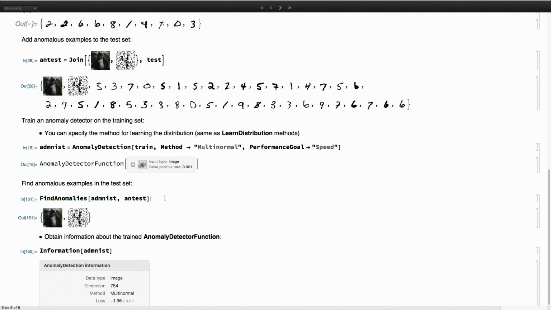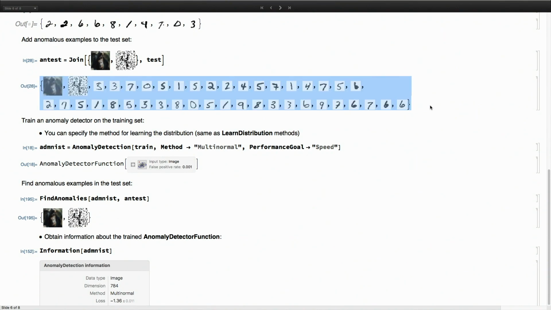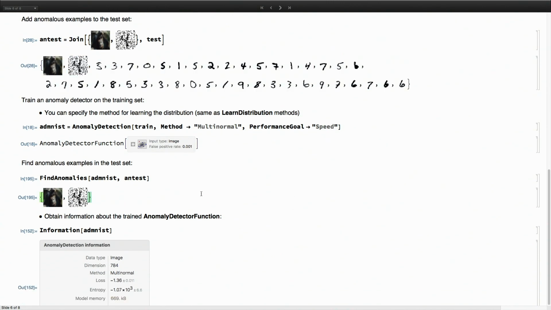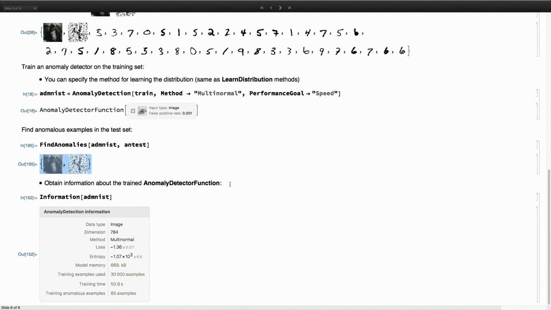And you would see that it would pick out of these digits the anomaly cases and the ones that are not anomalies.